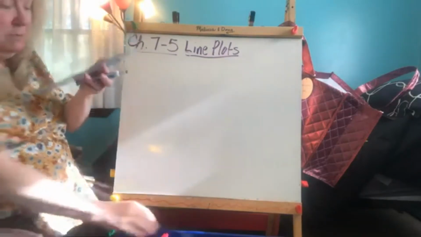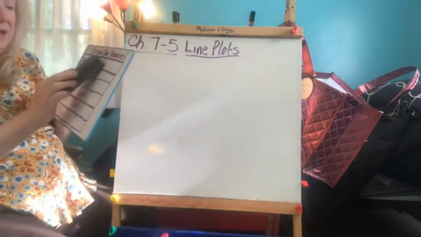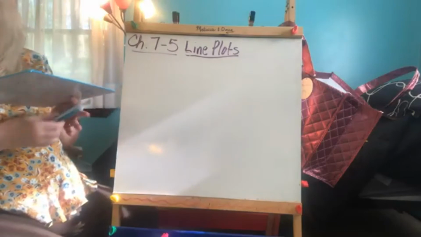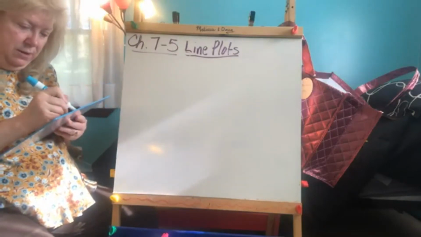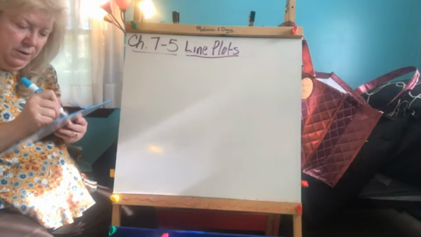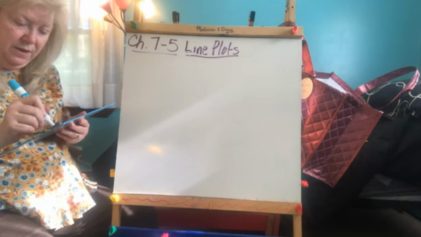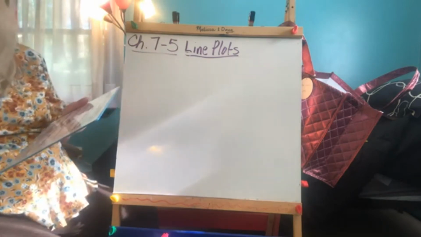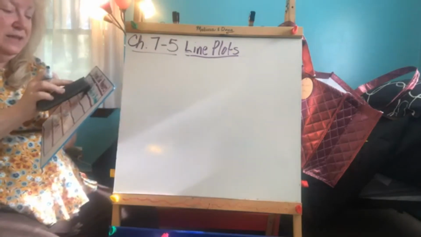So I'm going to modify this chart just a little bit. Instead of the word tally, I'm going to write number of students, like it says in your textbook. Number of students. And instead of student age, it's just going to be years, because that's how many years they lived there.